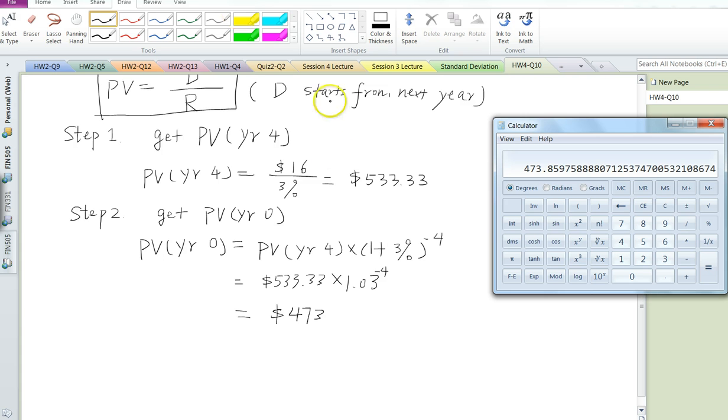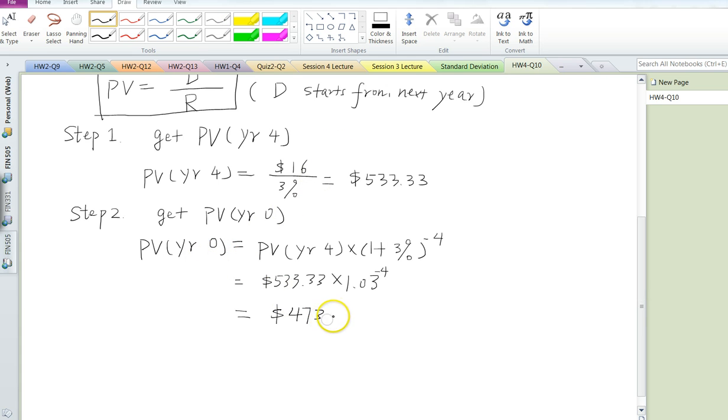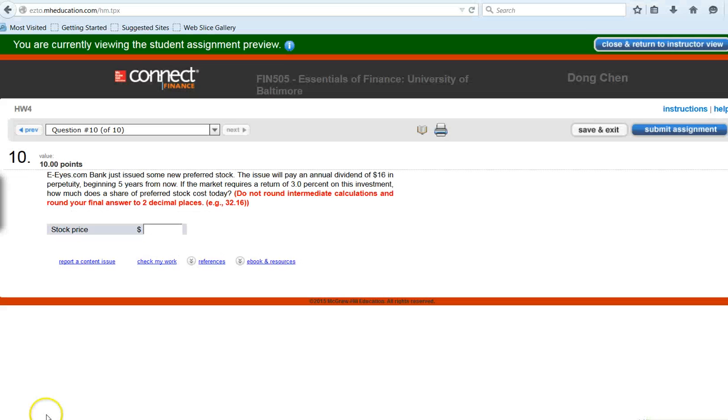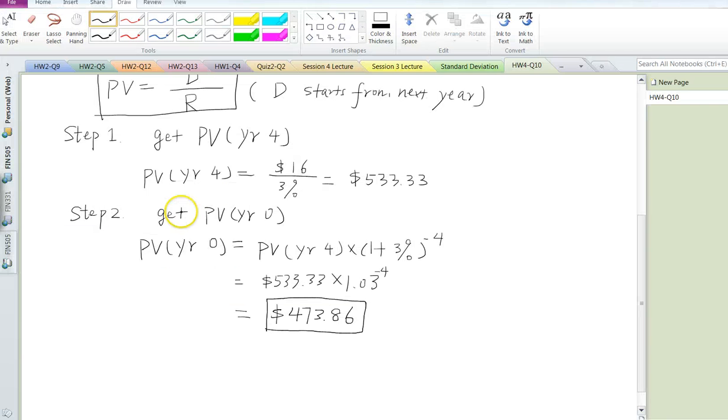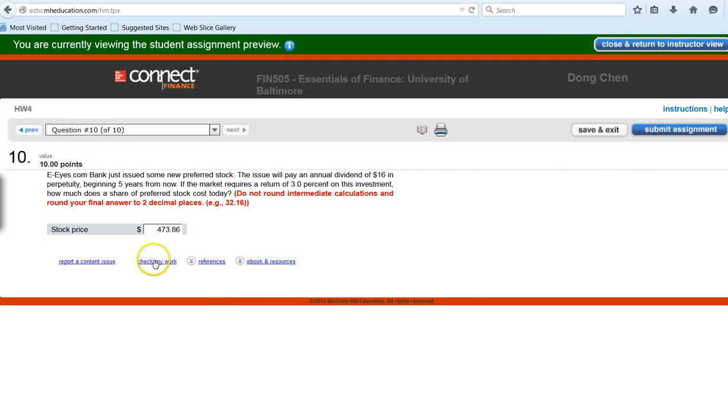The question asks me to give 2 decimal places, so this means it's 473.86. So let me put back this number. This is the number we need now. This is the number for the present value in terms of the true current year, 473.86. And then we can check the number, check my work.